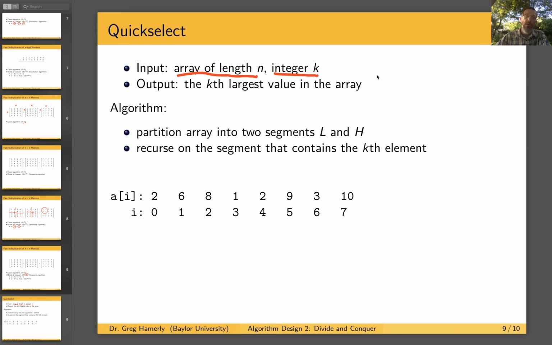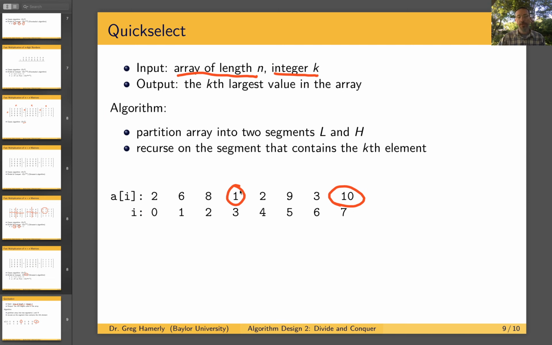So for example, suppose that this is our array down here. Suppose we ask for the first largest value. Well, the first largest value is 1, right? It's the smallest value. If I ask for the 8th largest value, that would be, I'm sorry, the kth ordered value, let's put it that way, okay?